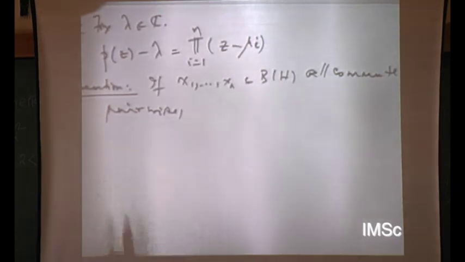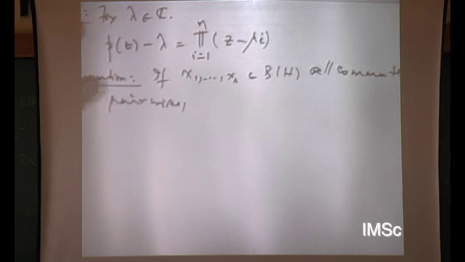So I'm being careful to put the hypothesis up front, because the statement I'm going to make is false in a non-commutative algebra. So this is a statement about a commutative algebra.